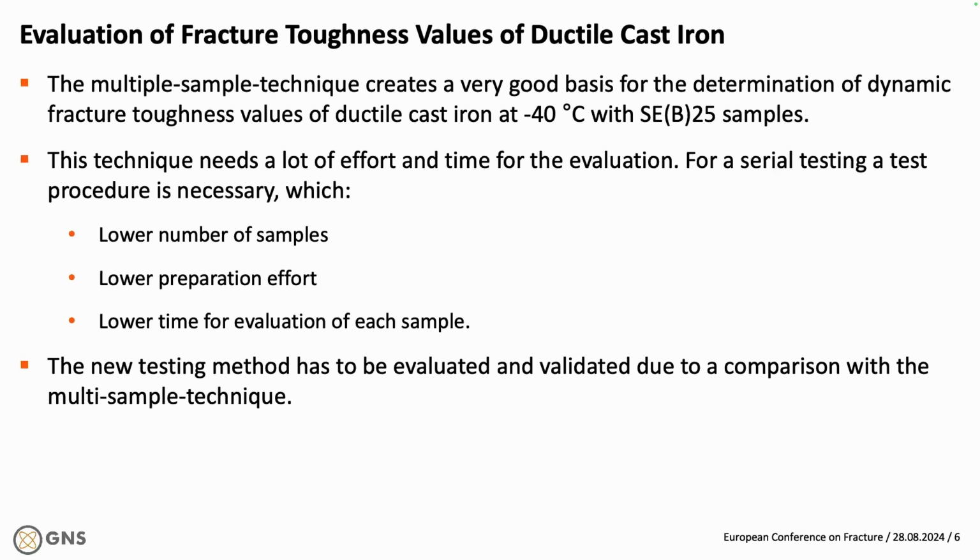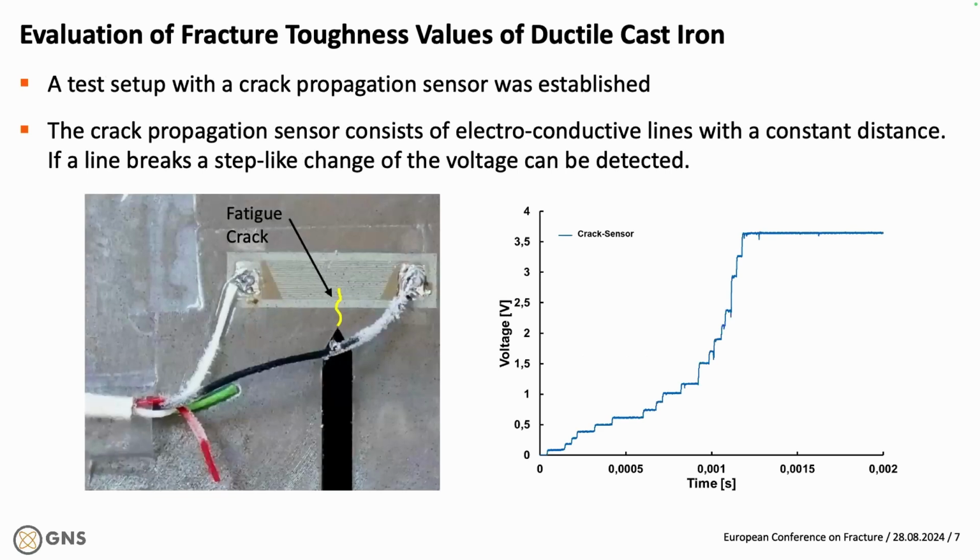And the aim was to find a new test procedure or a test method to evaluate and validate this method by the comparison with the multiple specimen technique. And that was the thing.